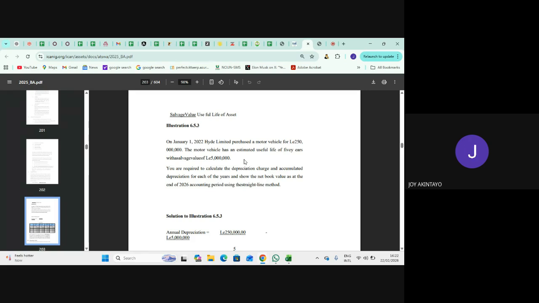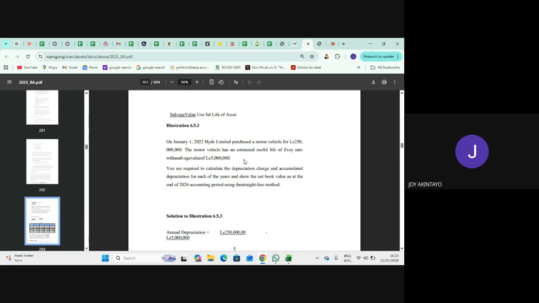So how much is the purchase price of the asset? Are we together? 250 million. Now, we said the annual depreciation is the purchase cost of the asset minus salvage value.